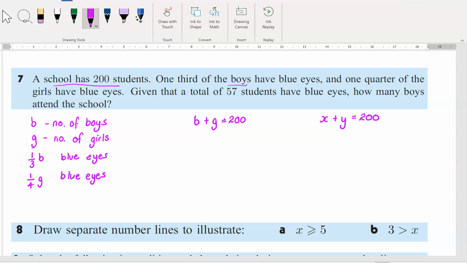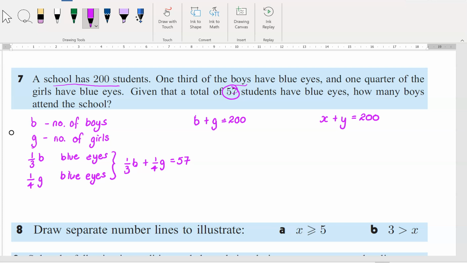Now, from what we did before with simultaneous equations, if I link this, we can say that means we've got 1/3 of the number of boys, plus 1/4 of the number of girls. And how many did they have altogether that had blue eyes? 57. But the problem that we knew from simultaneous equations is that when we have two unknowns, we can't solve it.